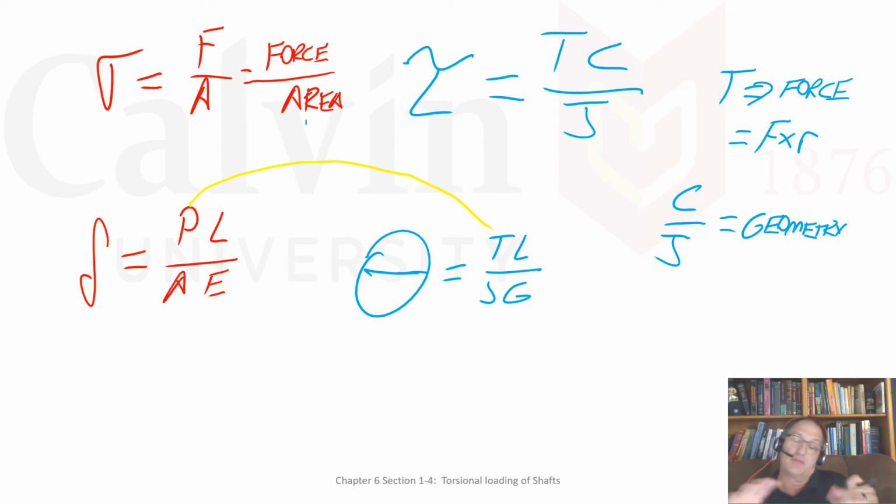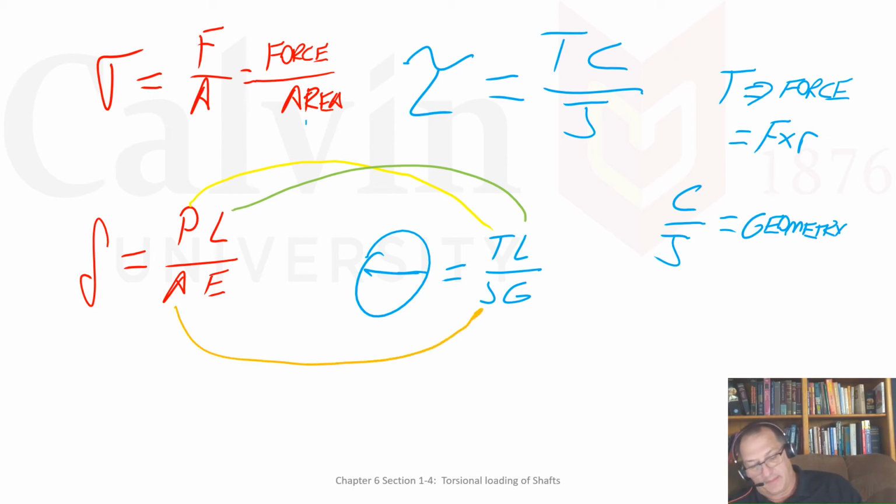The length is important in both equations because as the part becomes bigger, the deflections become bigger. So you shouldn't be surprised that there's a length in the numerator of both. As the length grows, delta grows. As the length grows, theta grows. Then I've got a geometry term.